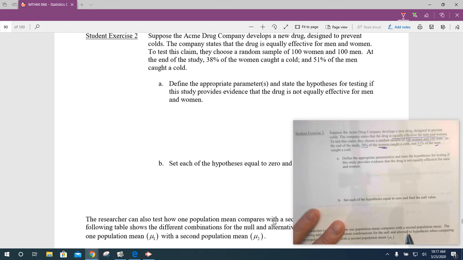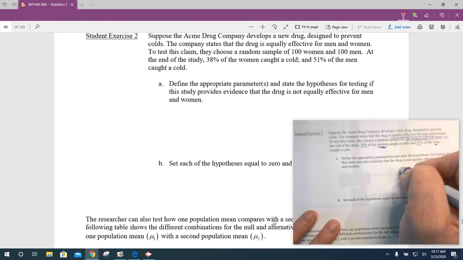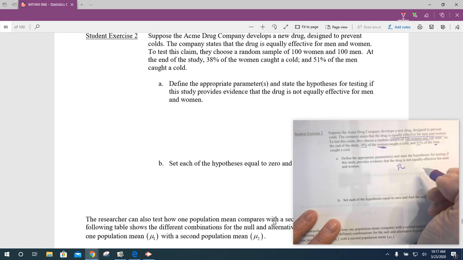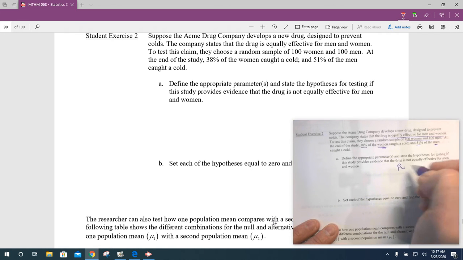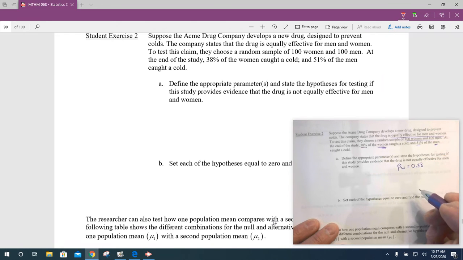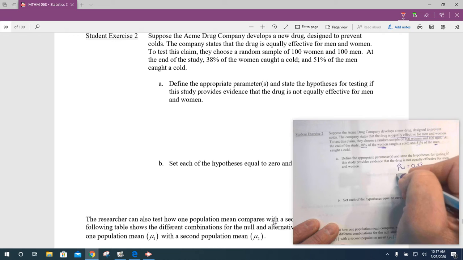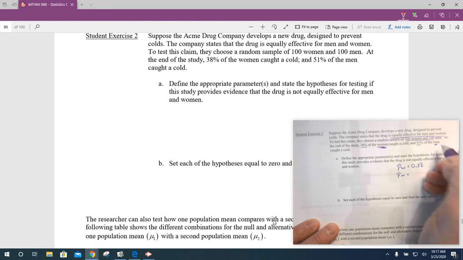Okay, so first of all, let's write those two statistics. Our p-hat value of women, which could be p of 1 or p of 2, but I'm going to write p-hat of women, is 38% or 0.38. And my p-hat, my statistic given for men, is 51% or 0.51.